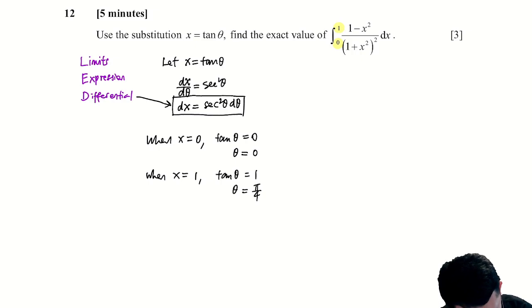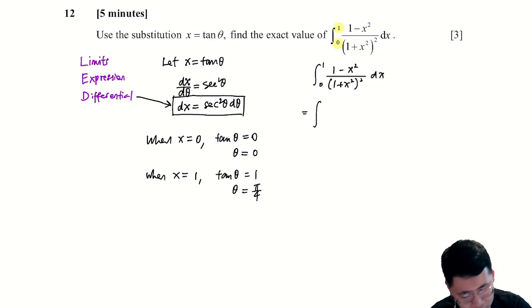So now I think we're prepared to integrate from 0 to 1, 1 minus x square over 1 plus x square, whole thing squared, dx. Now let's do the replacement. I will replace 0 and 1 with 0 and pi over 4.